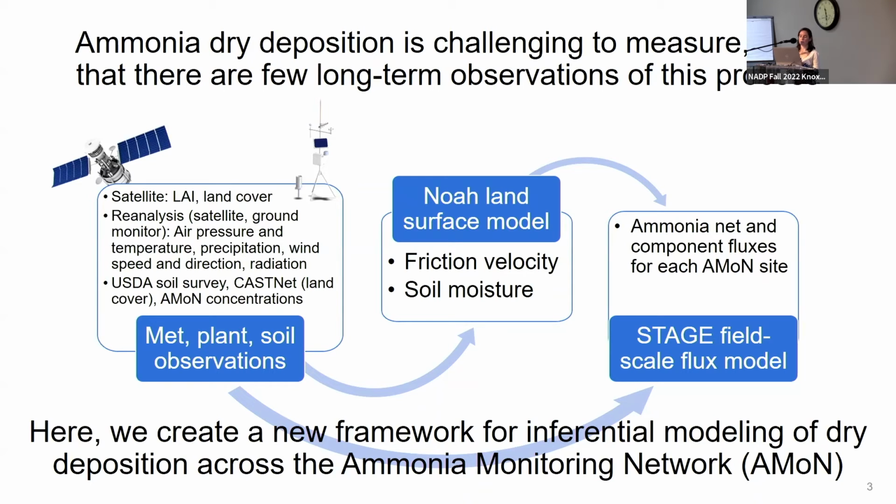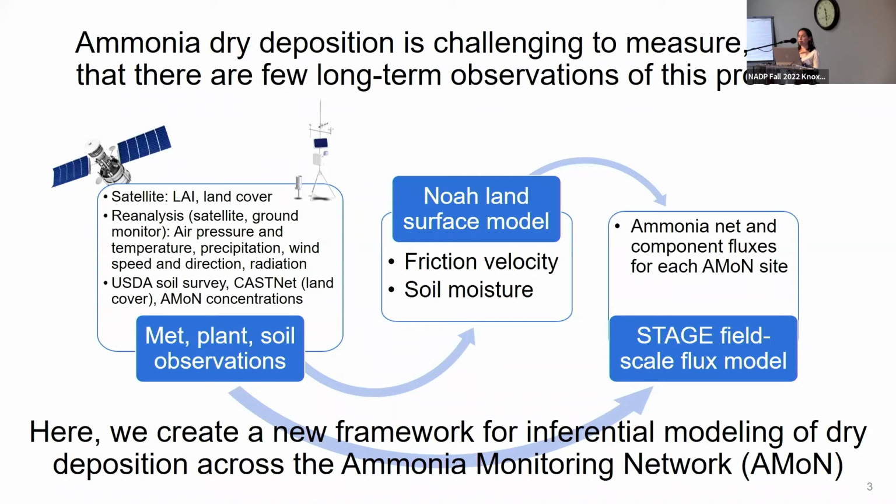We have input parameters that are drawn from publicly available observation-based data sets for meteorology related to plants, as well as soil parameters. Importantly, we're using the CASNet and AMON data.